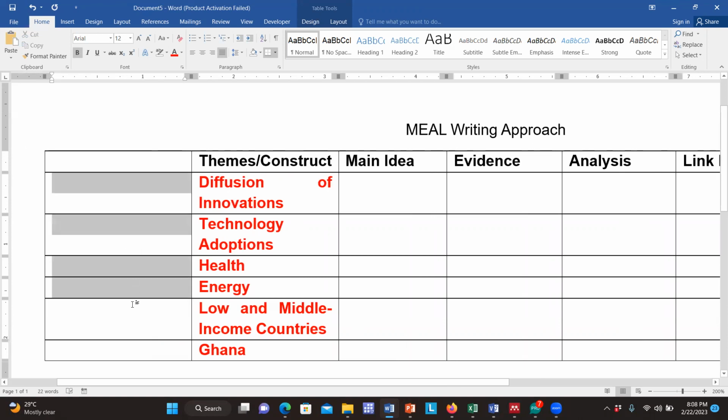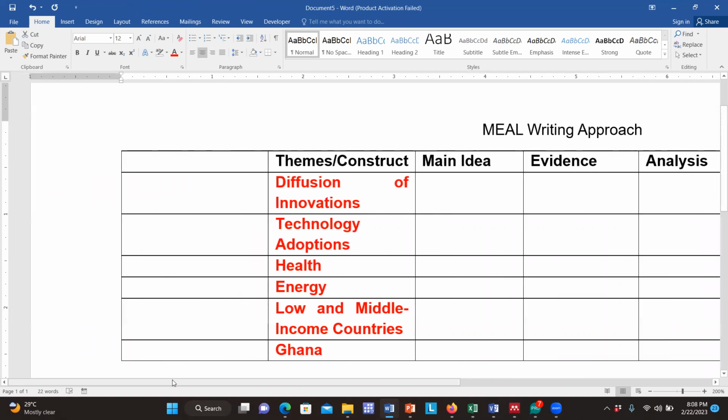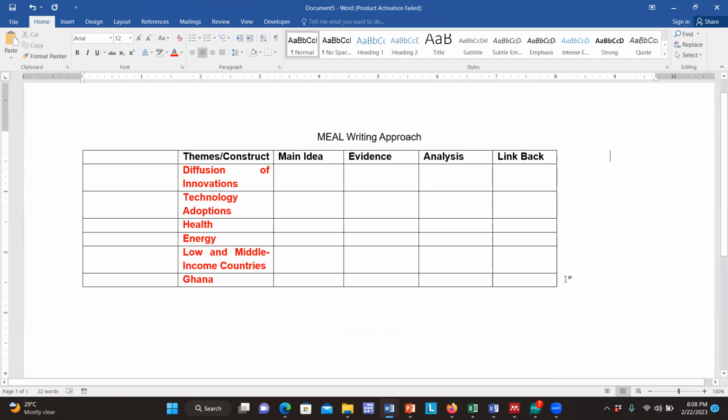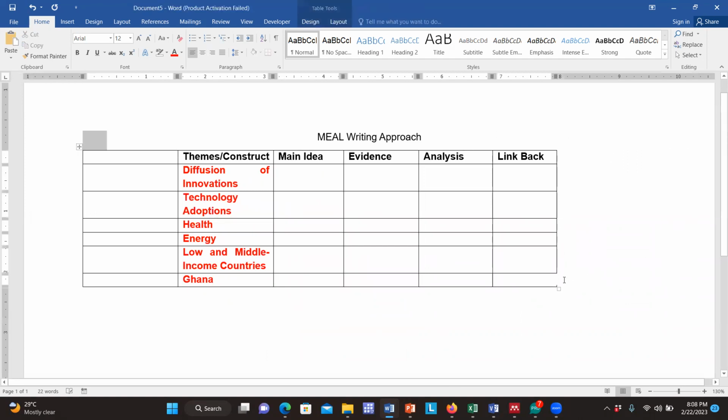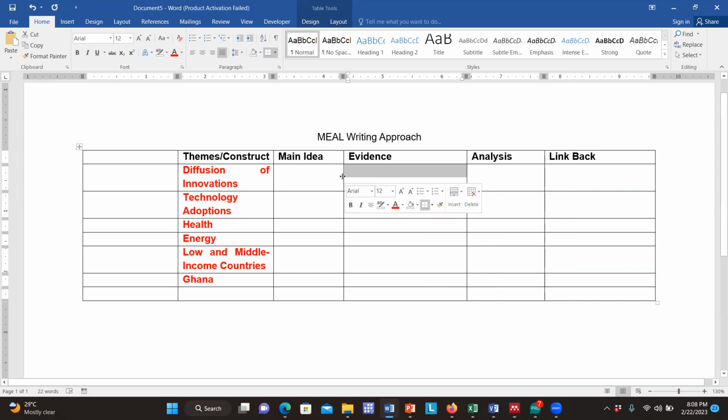So I know that for my introduction, let me go to the next. I know that for my introduction, because I'm doing this as a template, allow me to. So if I look at my introduction of what I'm going to do, remember when we were talking about the writing pattern, we talked about the fact that once you talk about the concepts, you move from there to other parts. Okay.